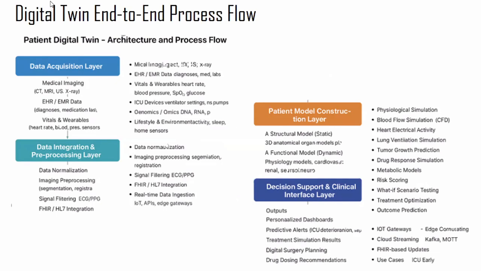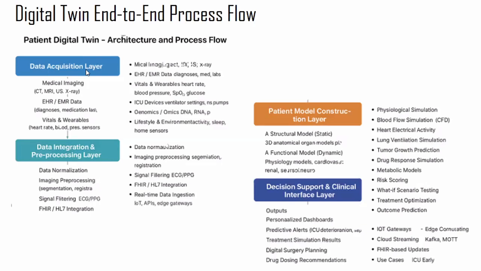So, digital twin end-to-end process flow. I have already highlighted this, but anyway, I'll be talking clearly about the way of implementing this digital twin environment. There are four different layers.